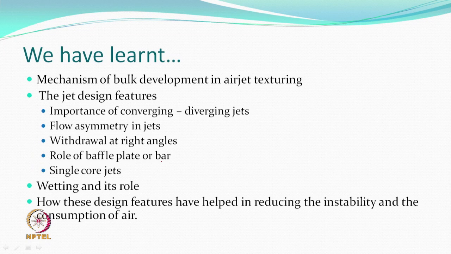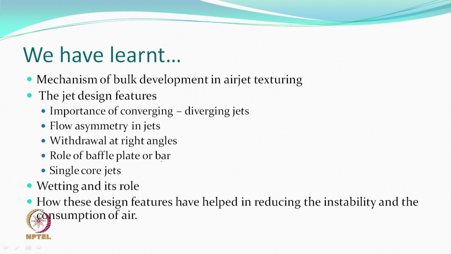So, what have we learned? We have learned the mechanism of bulb development in air jet texturing, how all the three phenomena happen, the jet design features and the importance of converging, diverging, asymmetric flow, withdrawal at right angles, the role of baffle plate or a baffle bar, and single core jets.